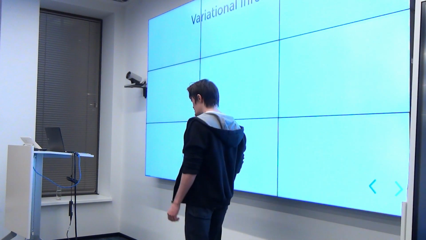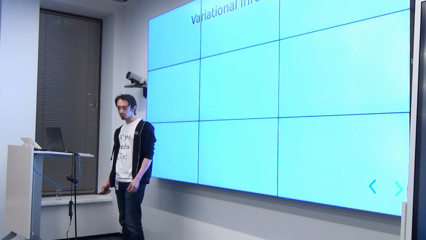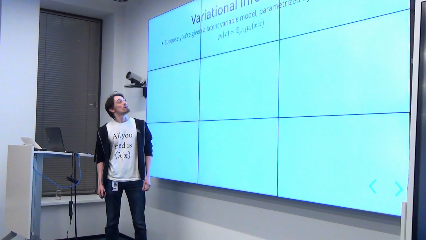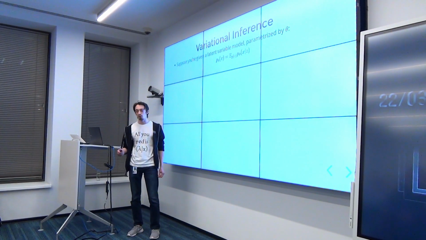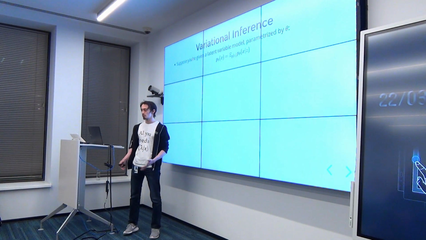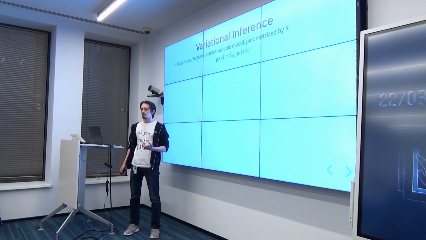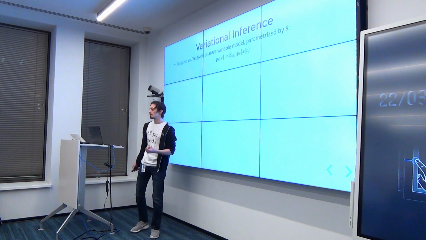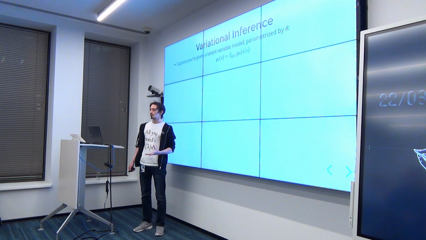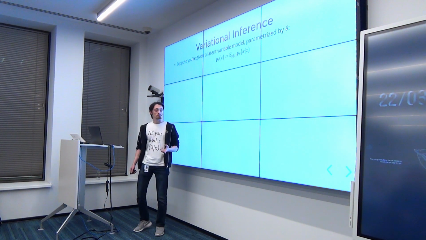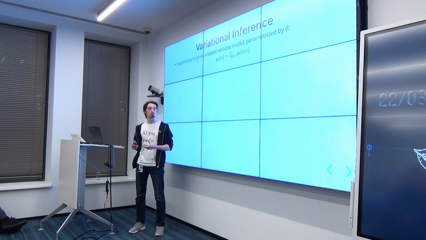Let me first remind you what variational inference is all about. Imagine you have some observations x, and you want to build a model of this observable x. However, you think that x has a very complicated dependence structure. Maybe those are images, and you observe raw pixels. It's very hard to tell how the raw pixels depend on each other.